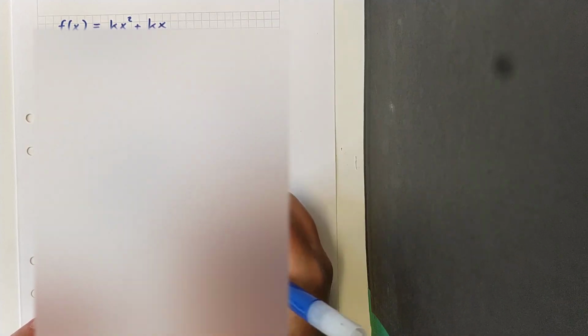And we'll get kx squared plus kx minus x plus 0.8 equals 0. And finally, to get it even more standardized, I'll collect the x terms and write it as kx squared plus x times (k minus 1) plus 0.8 equals 0.